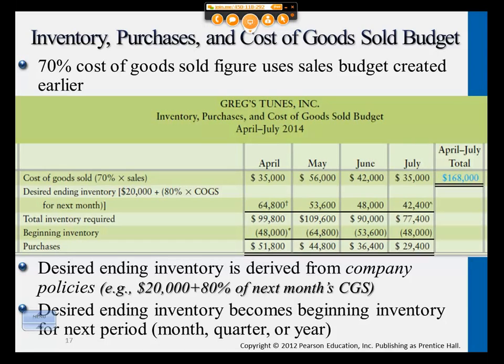So this is an example of your inventory purchases and cost of goods sold budget. So what do we have? What are the components? We have our cost of goods sold. We have our ending inventory. Now all of these are projected numbers, right? We have total inventory, beginning inventory, and we find our purchases. So let's look again, four months.